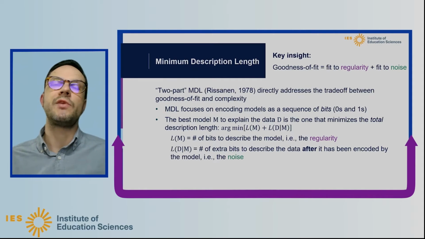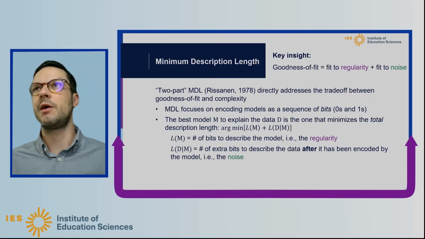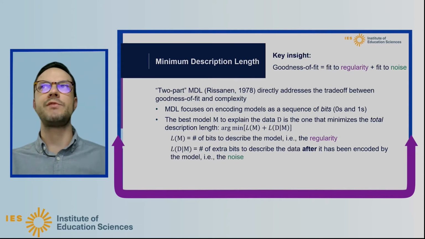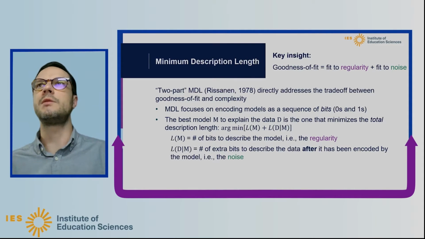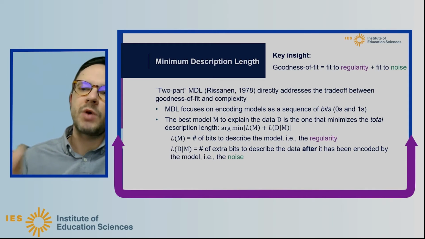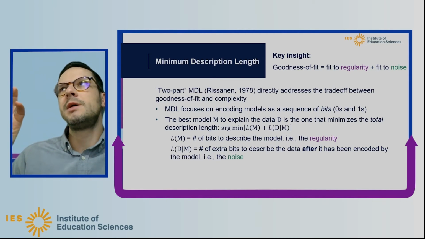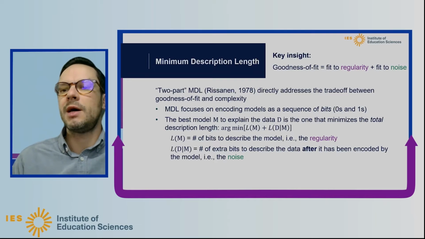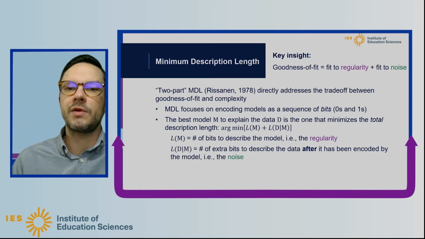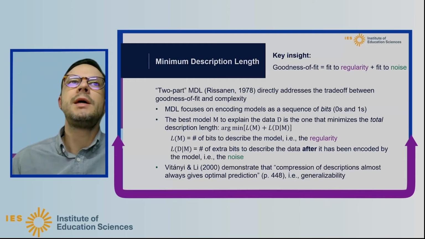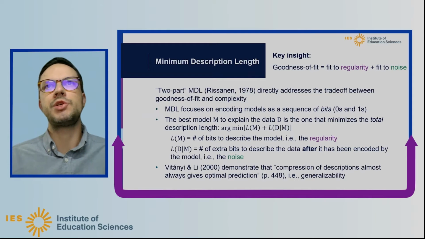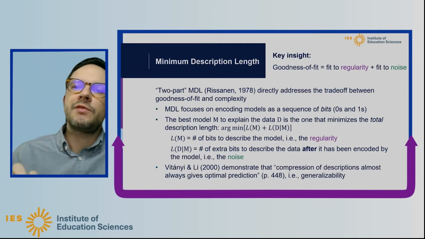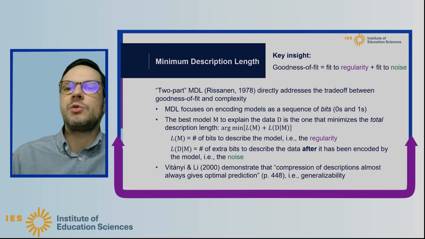And this isn't too much different than what we think of as measurement error. We have some model, and then we have deviations from that model that would be representing the exact nuances and specific idiosyncrasies of the data that we've collected. And Vitani and Lee demonstrate that compression of descriptions almost always gives optimal prediction.